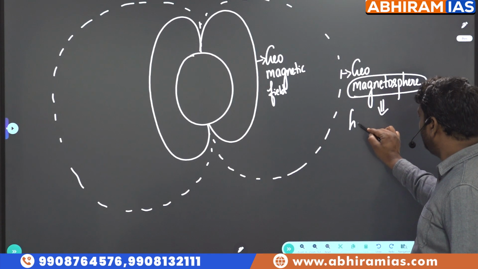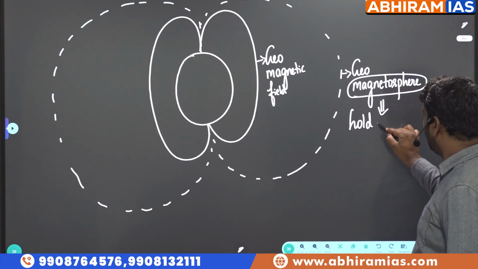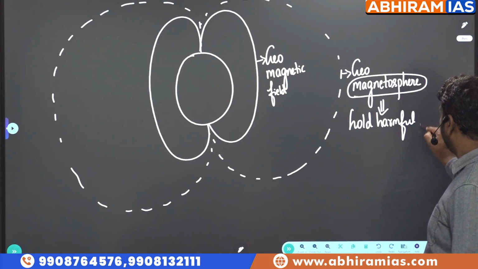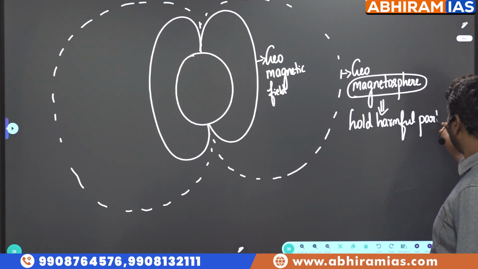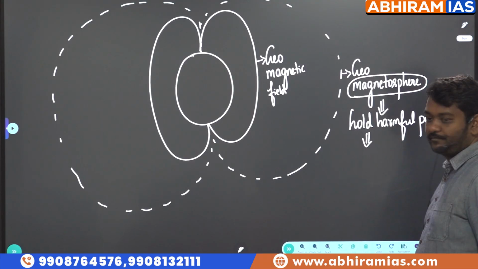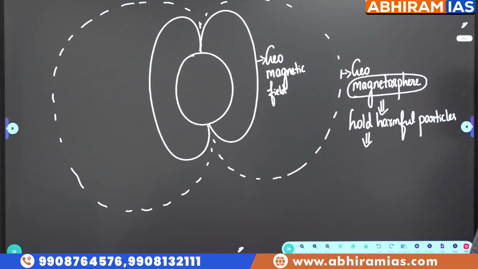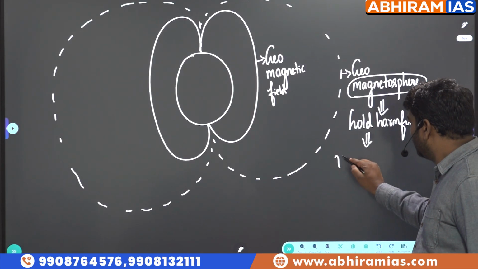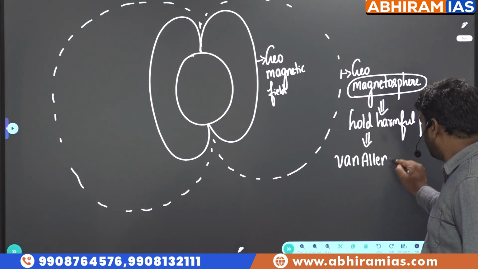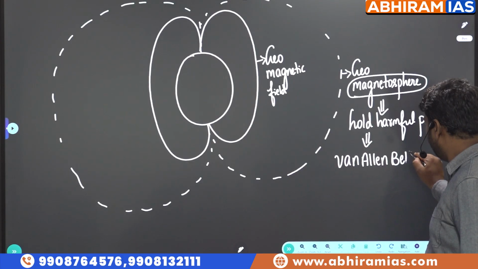It will hold harmful particles. It doesn't allow harmful particles to come. Okay? It will hold harmful particles. That is called Van Allen belts.